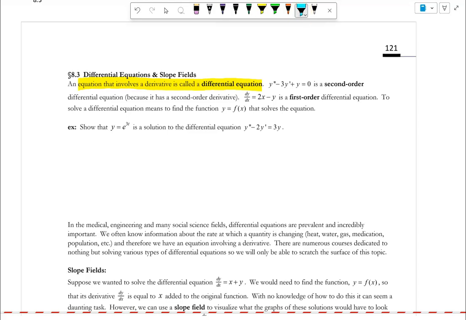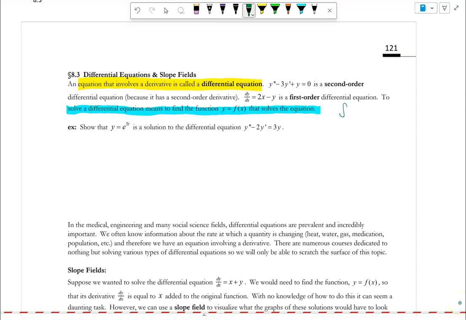Something that we will do lightly in Calc AB is solve differential equations, and that means to find the function y equals f of x that solves the equation. This is a very similar process to finding an antiderivative.